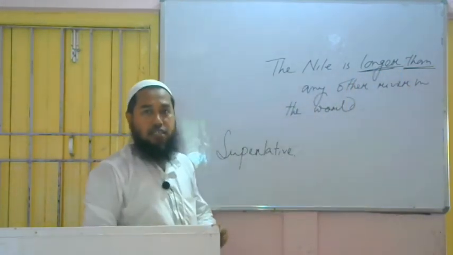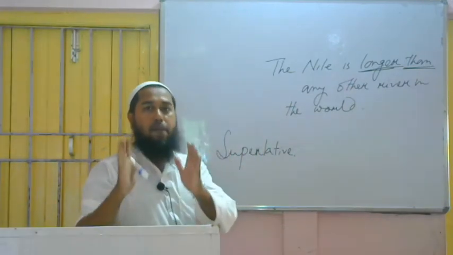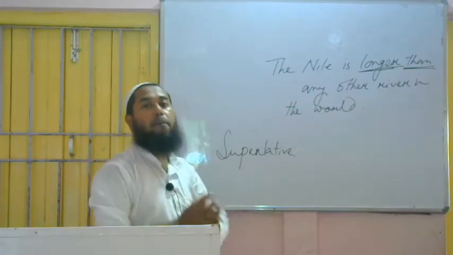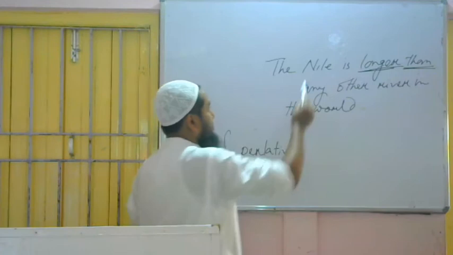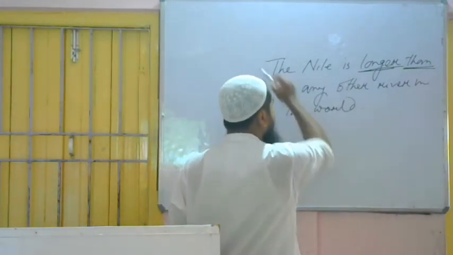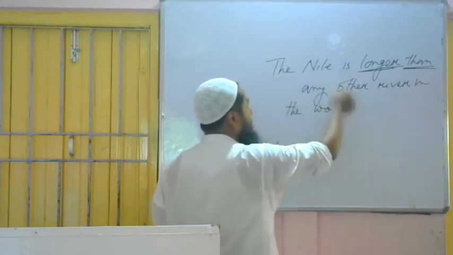Now we are asked to change the sentence into superlative. In comparative, what do we do? We compare between two things, two groups, two objects. But in superlative degree, what do we do? We compare among all. Here Nile was one river and one group, and the other group was any other river in the world. So we compared between these two groups.